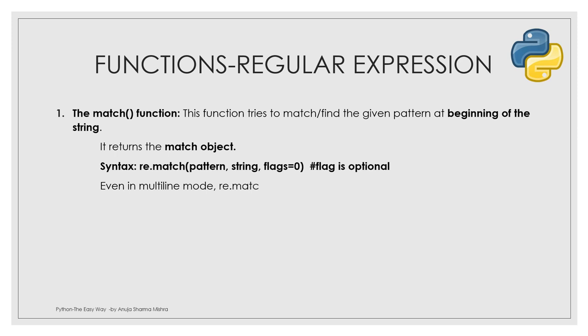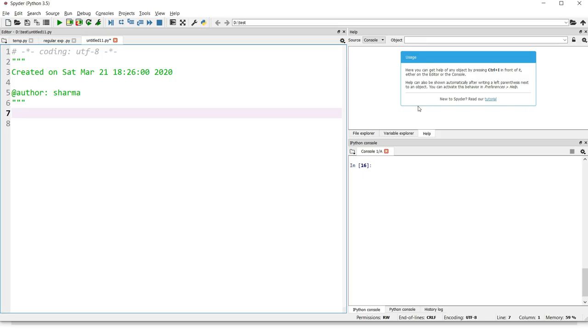For the meantime, please ignore flag because it is optional and we'll talk about it later on. One more thing: even in multi-line mode where you have multiple lines, re.match will try to find the pattern at the beginning of the string, not at the beginning of every line, at the beginning of the string.